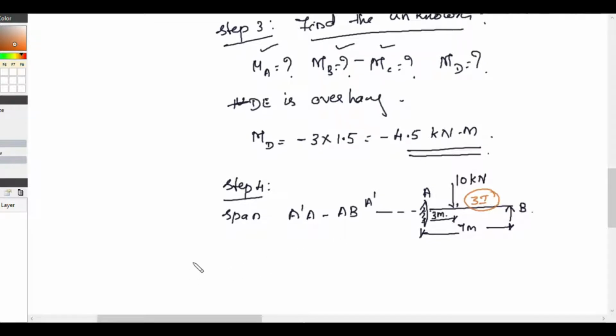So now we will write the 3 moment equation.